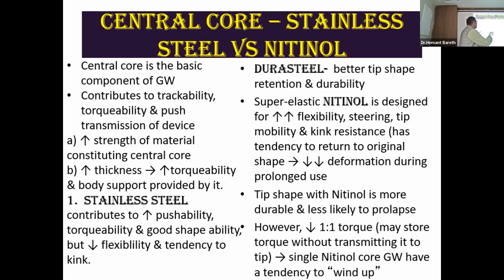And that is the problem with the BMW wire, which contains this type of nitinol, that you cannot shape it back, and with prolonged use, it gets spoiled. So if you have to do multi-vessel procedures, then probably nitinol is not a very good idea. You have to have some stainless steel. Because stainless steel you can bend back, then bend again, then bend back. But nitinol, once you bend, then it is very difficult to bend back. That is the problem.